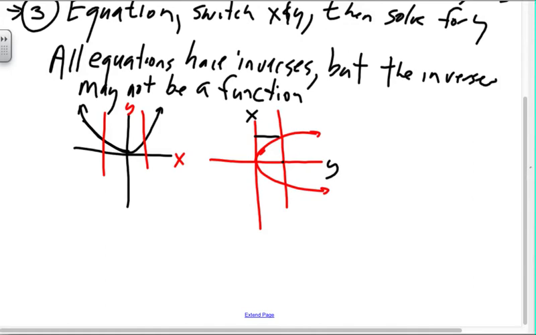The problem, though, is when I come down here, I can get two different x values. And these oftentimes are not very useful unless you can eliminate one of the outputs. And this leads us to the next point I want to talk about.